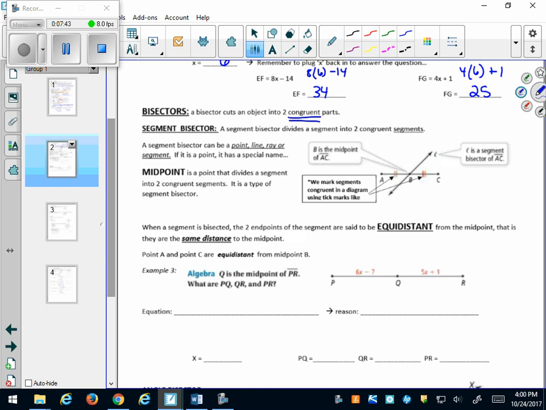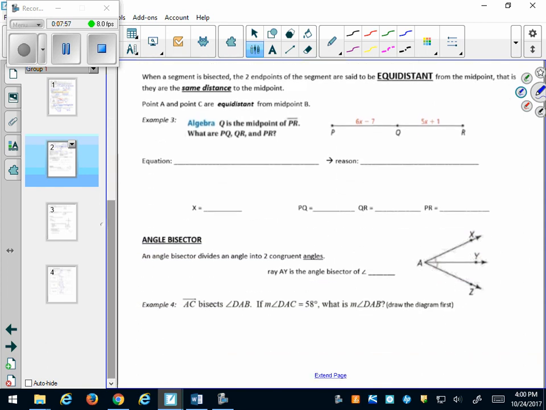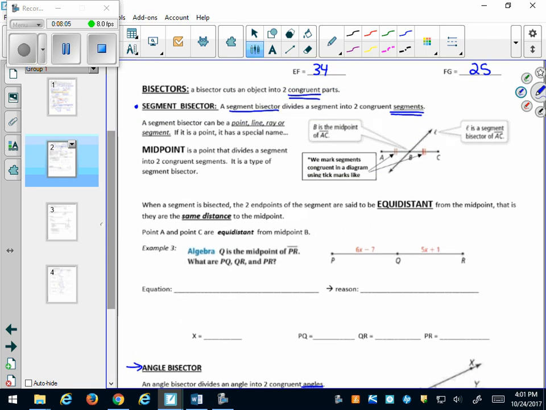You're cutting it right in half. Okay, so there's two types of bisectors. There's segment bisectors, where we divide a segment into two congruent segments. And if you look down a little bit, there's angle bisectors. Angle bisector divides an angle into two congruent angles. So those are two types of bisectors we're learning today.